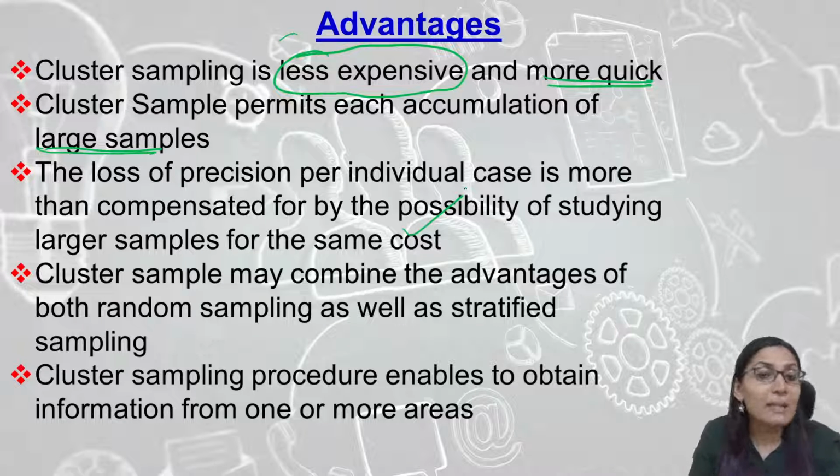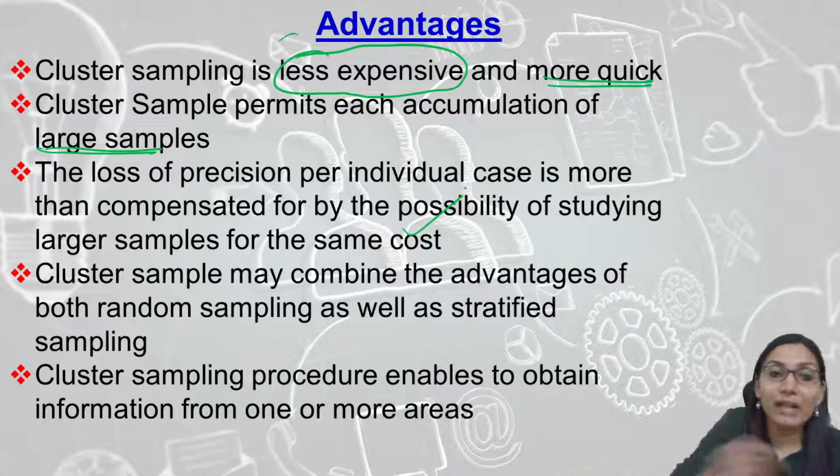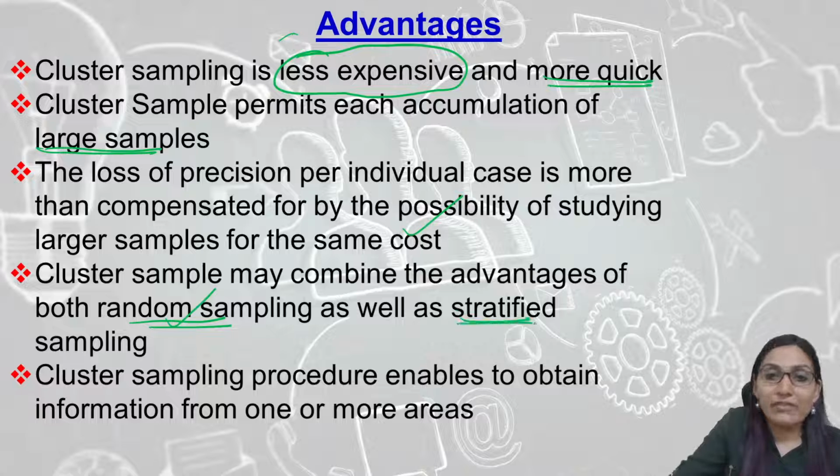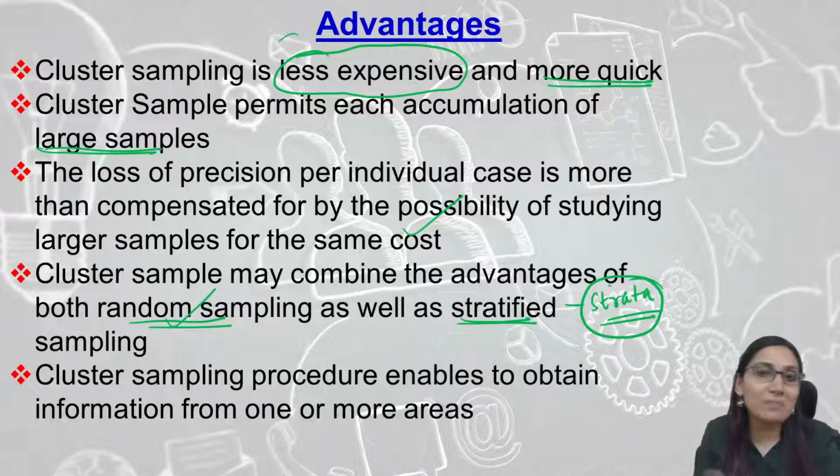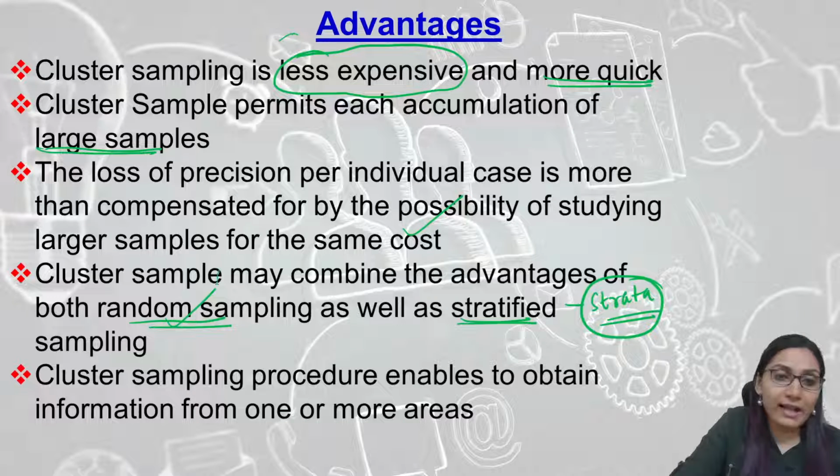Now, cluster sampling may combine the advantages of both random sampling as well as stratified sampling. Why? Because stratified sampling is done by creating strata, and in cluster sampling we are using a similar thing, that is, instead of strata we are creating clusters. Random sampling is randomly choosing.